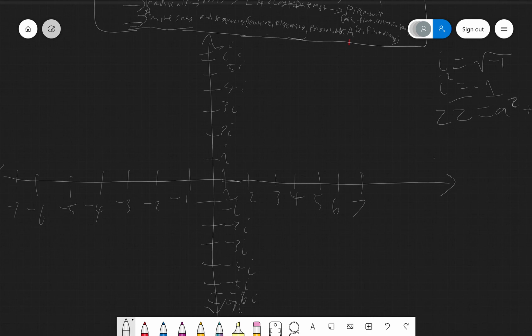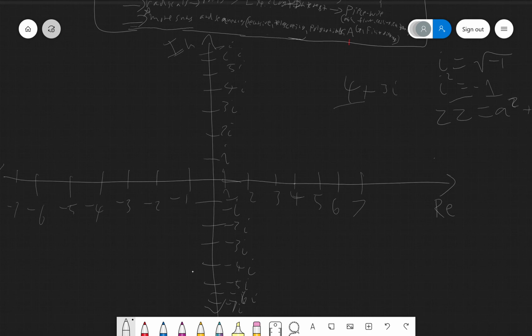-7i. So now if we were to graph what's 4 plus 3i, we look at this real part, and actually we might as well just label these. But now we can't do x and y. This is the real axis, the real numbers, right? And this is the imaginary axis, or the imaginary numbers. So we graph the real part, 4, right here, and then we do plus 3i.